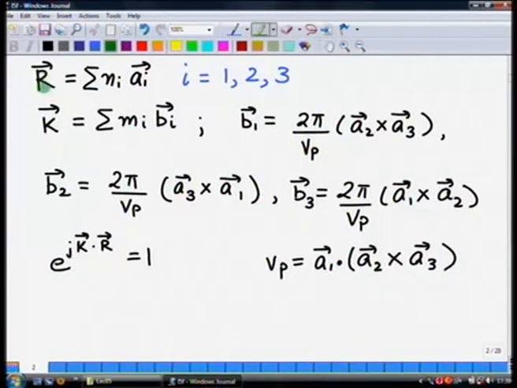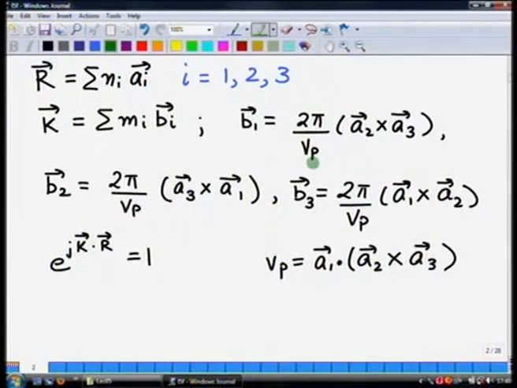If that is so, then we defined another vector this way. Initially, we just defined it. Then we decided that we will define B1 like this, B2 like this, B3 like this, where Vp was the volume of the primitive cell in the direct lattice, the real lattice, where the lattice points are arranged.